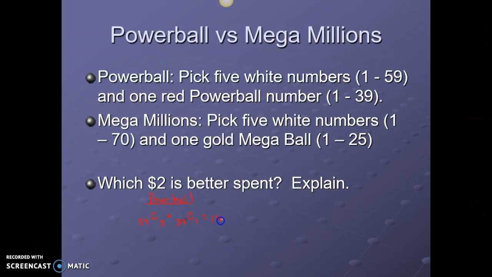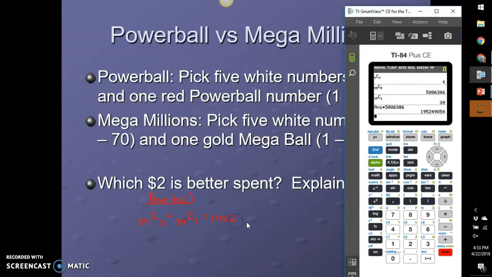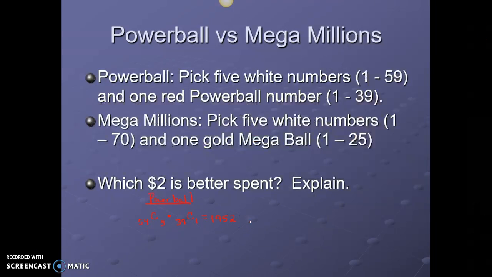And we end up with 195,249,054. So that means the probability of the Powerball is 1 out of 195 million, 249 thousand, 54.